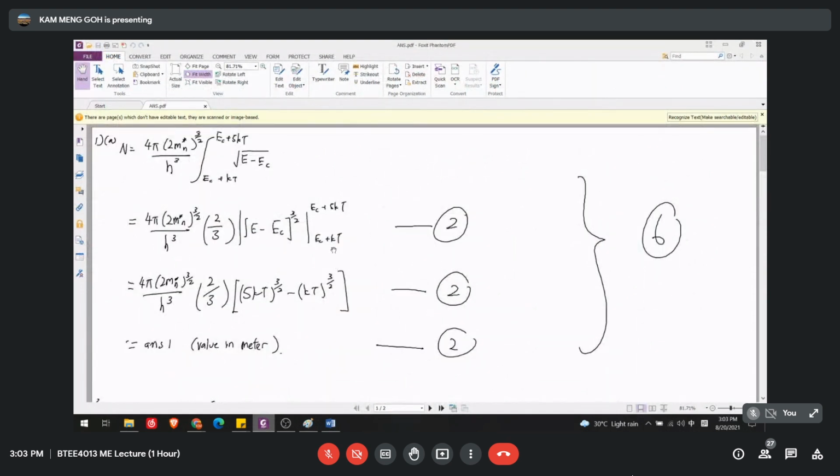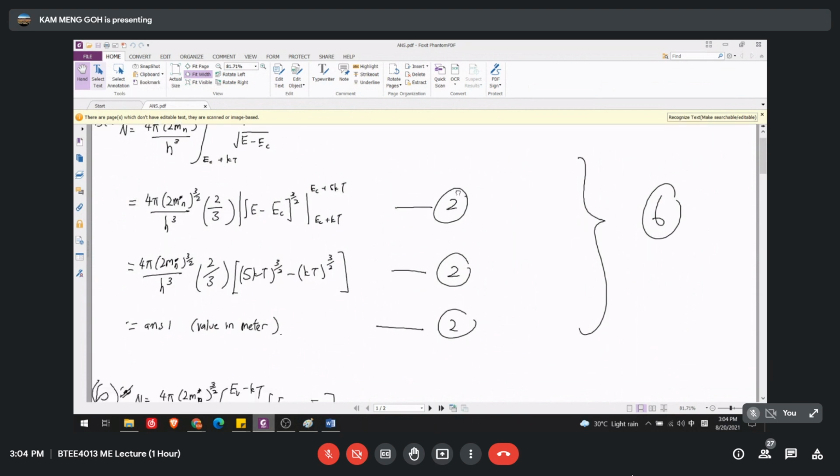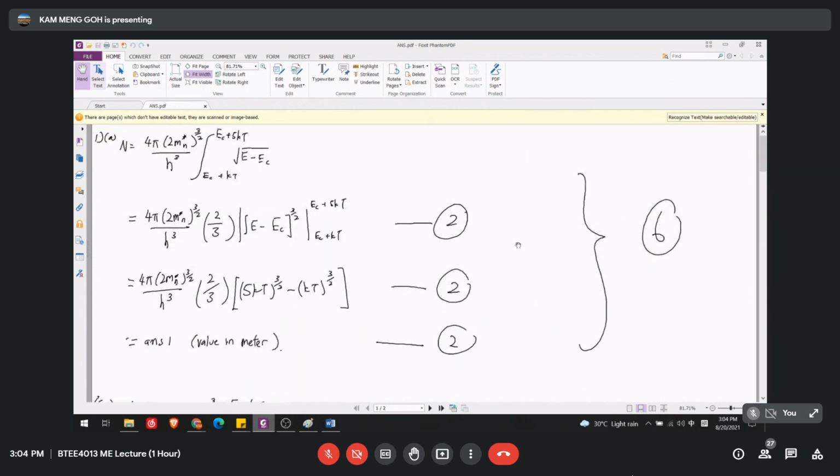Some of you just directly use 5 minus 1 equals to 4 kT 3 to the power of 2. I think many of you did this wrongly. If you do it this way, this one is wrong, but you will still get the marks for the formula written here.